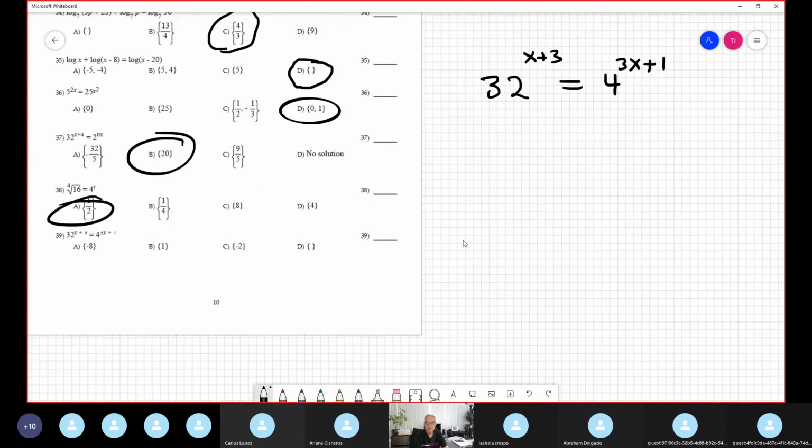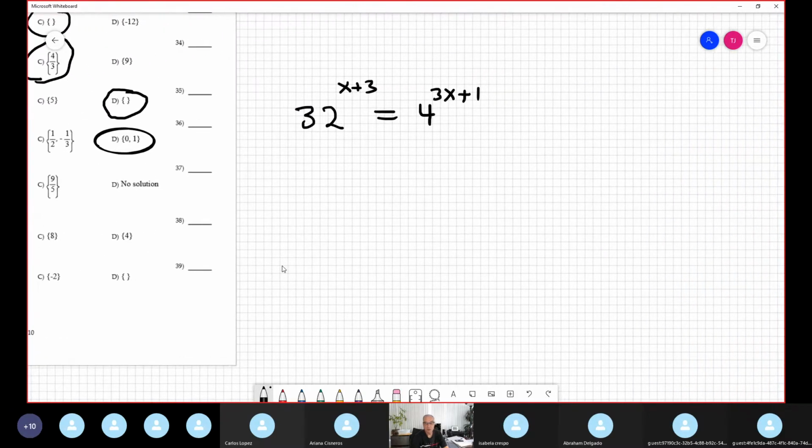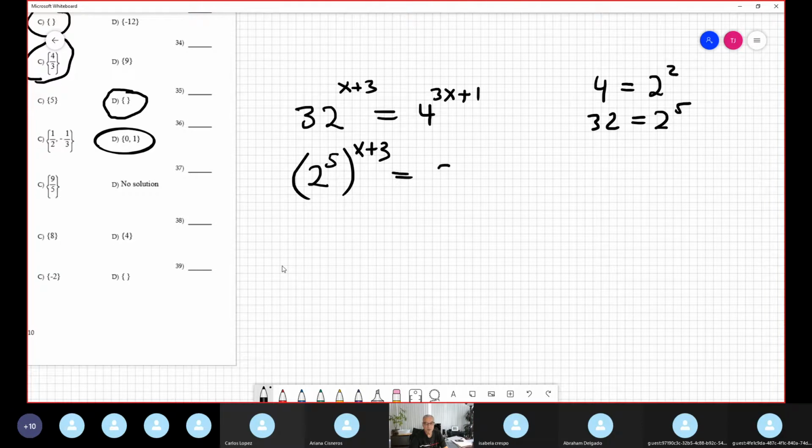Okay. So you want to express both sides using a common base. 4, no. 2, yes. Because 4 is 2 to the second, and 32 is 2 to the 5th power. So 2 to the 5th power raised to the x plus 3 is equal to 2 to the second power raised to the 3x plus 1.